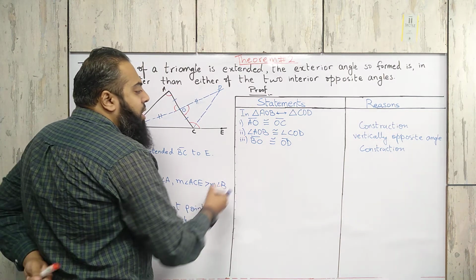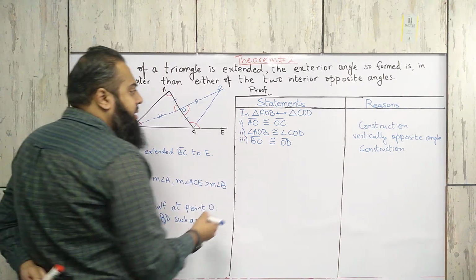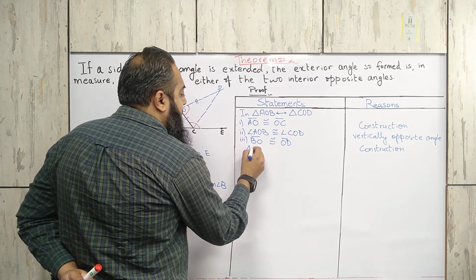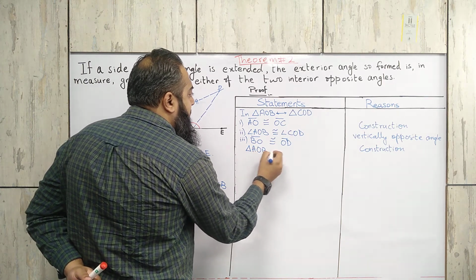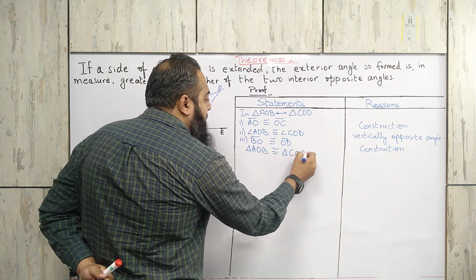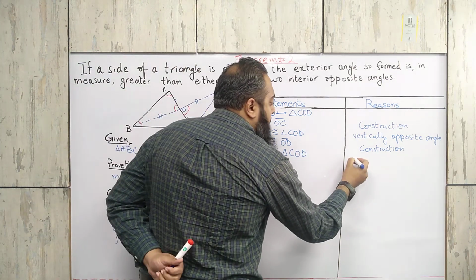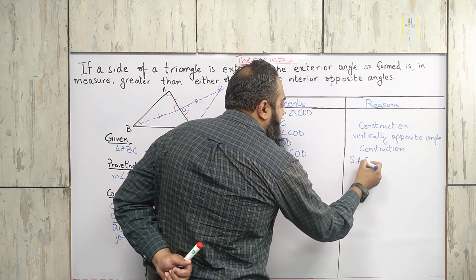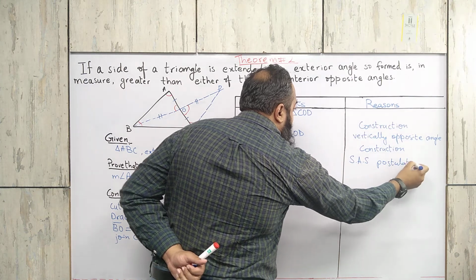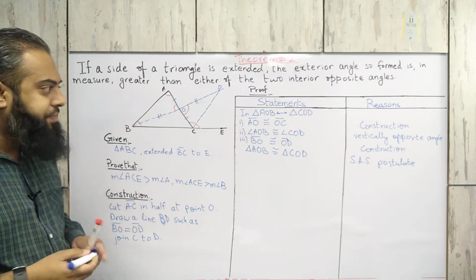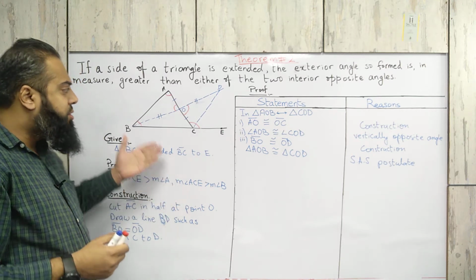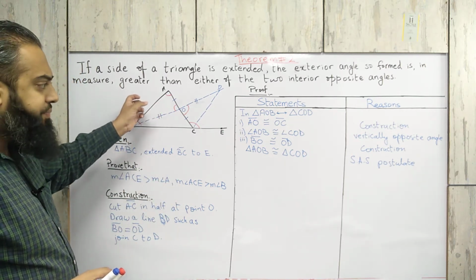Now, according to the property of triangles, triangle AOB will be congruent to triangle COD according to the side angle side postulate. Every triangle, students, has 3 sides and 3 angles.